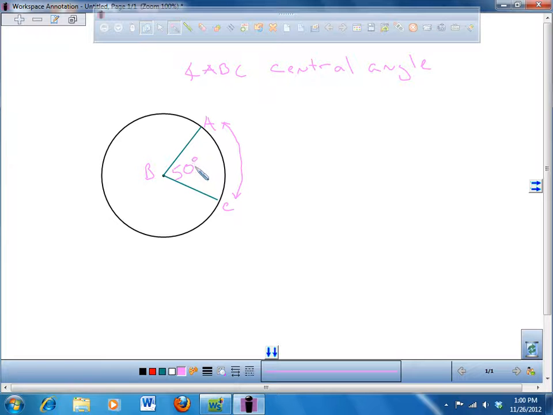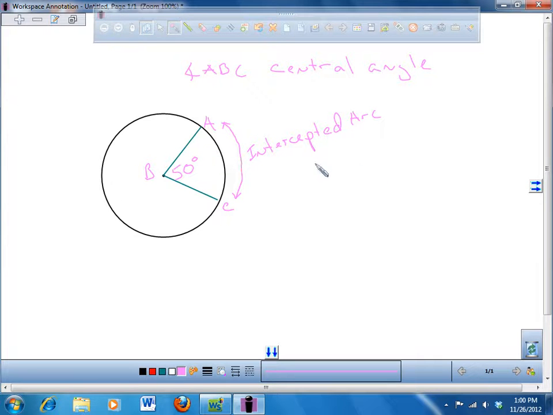So the measure of a central angle is equal to the measure of what is called an intercepted arc, which is the arc that the radii cut off, or that the angle cuts off.